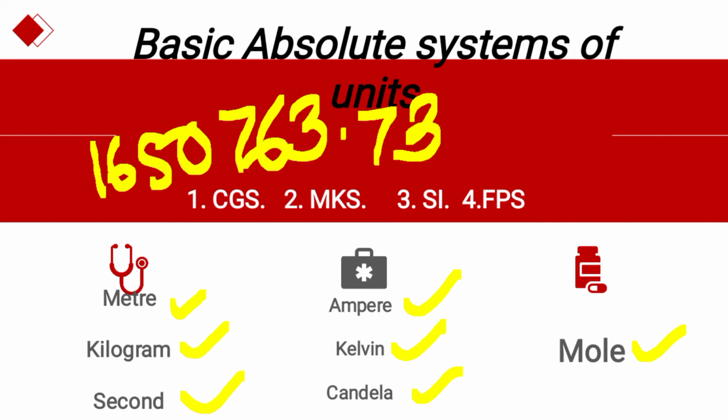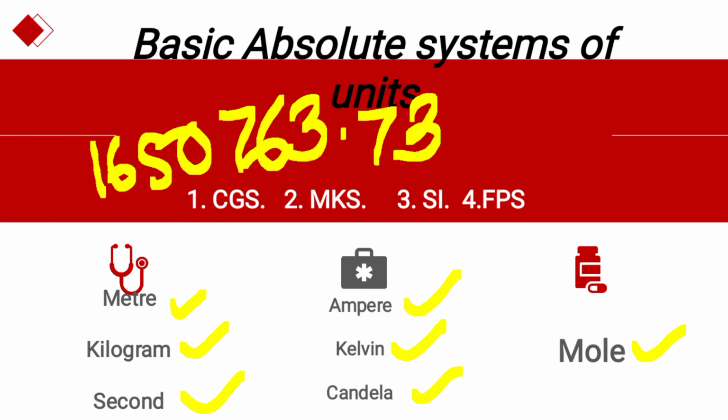This is more satisfactory standard than the platinum iridium meter, as krypton atoms are easily available in any laboratory. Moreover, wavelength of light is not affected by temperature, time and environment. We use optical interferometer to measure wavelength of light.